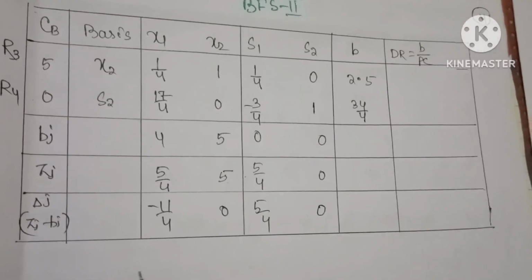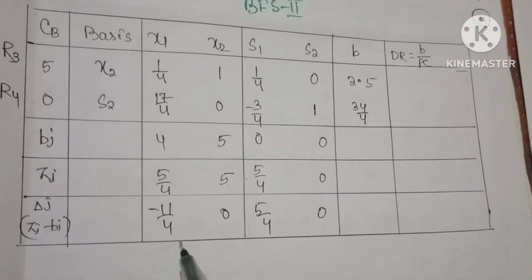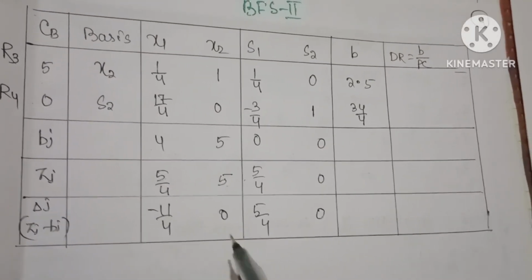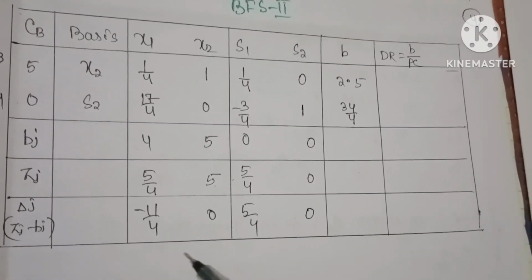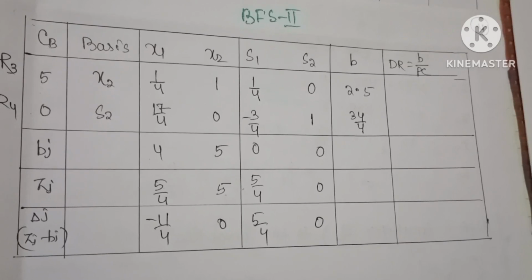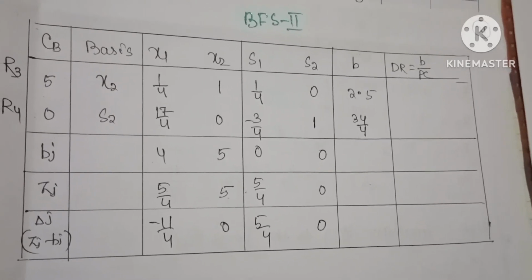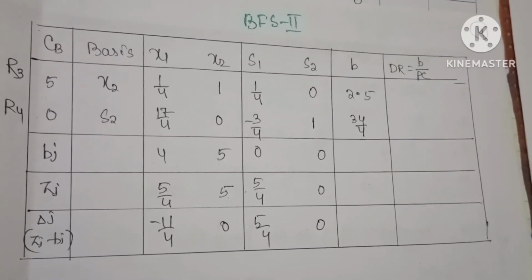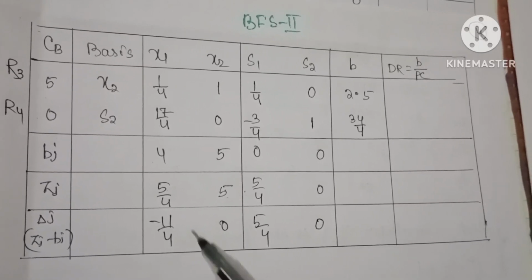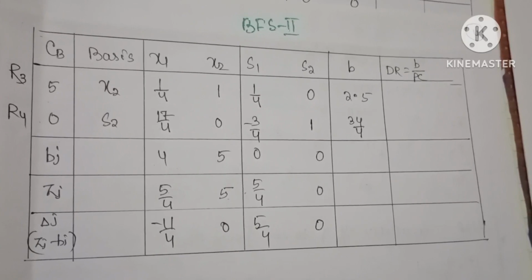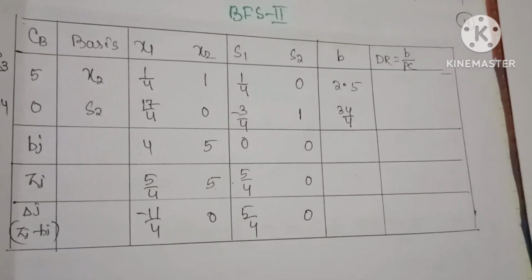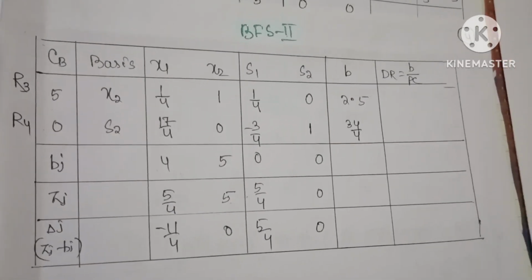The negative magnitude in the indicator row shows that there is suboptimality, so we need improvement. For that we have to find the pivot column and the pivot row. As you know, how to find the pivot column? The largest negative magnitude in the indicator row decides the pivot column. So which one is the largest negative number?